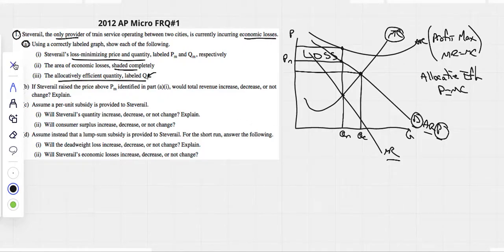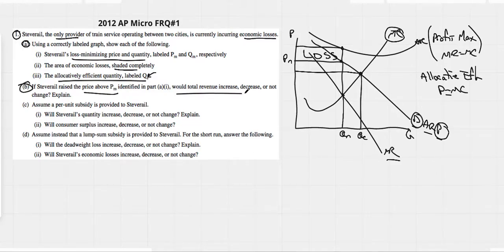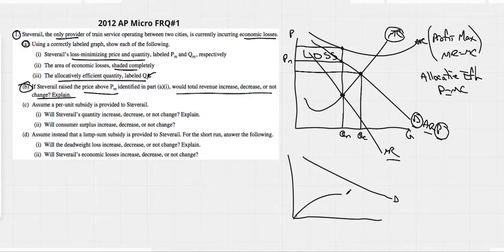If Steve Rail raises the price above PM, would total revenue decrease, increase, or not change? Recognize that Steve Rail is in the elastic section of his demand curve if he's at profit max. Let's make some sense of that real quick. Here's our demand curve. Down here I'm going to draw a total revenue curve under this.